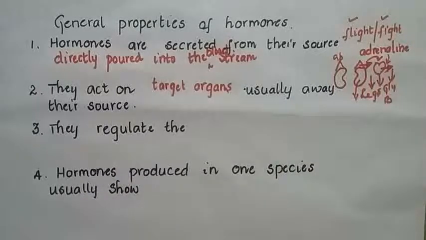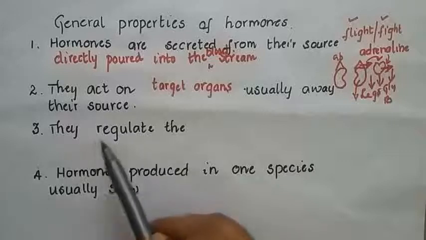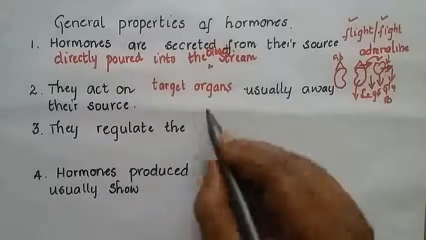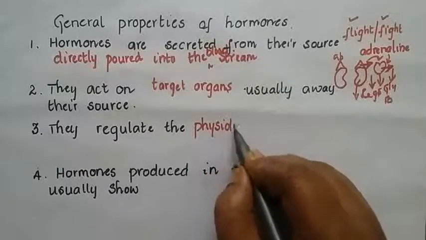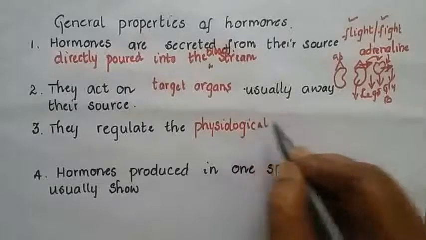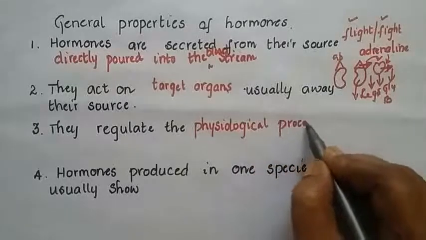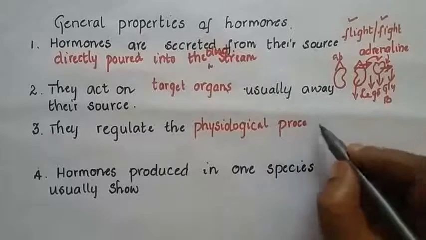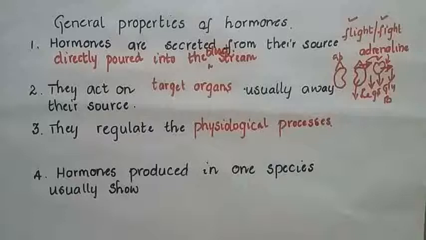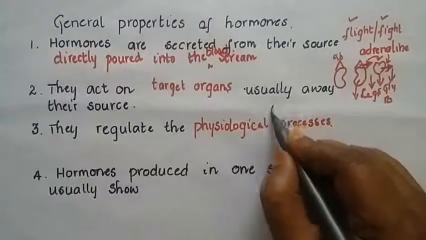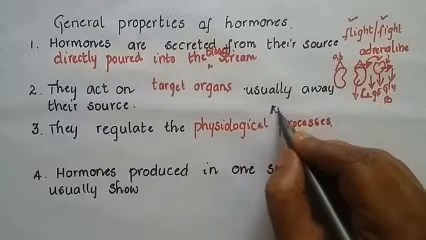Right, children? Now, they regulate a number of our physiological processes. Children, what is the meaning of physiological processes? Let us recall about the kidneys.